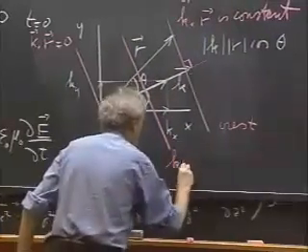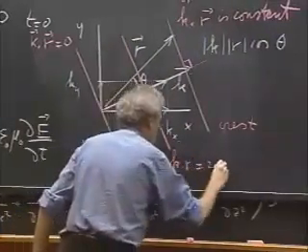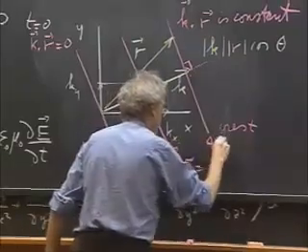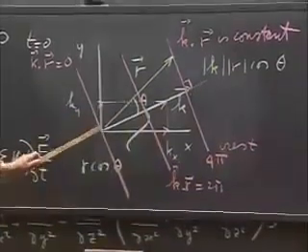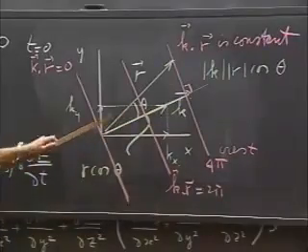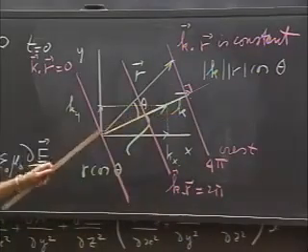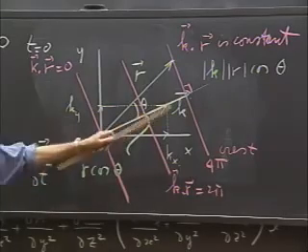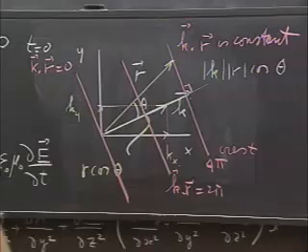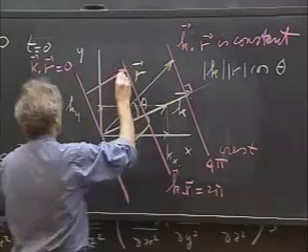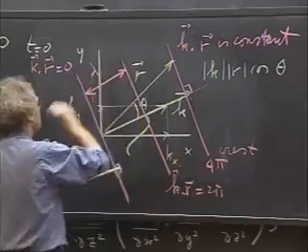So k dot r here is therefore 2 pi, and k dot r here is 4 pi. Because this now represents a wave. This is the full wavelength of the wave, where E is a maximum in your direction. In other words, this here is, by definition, lambda.